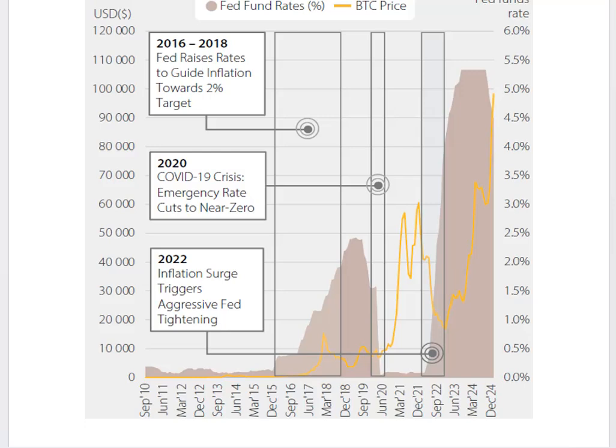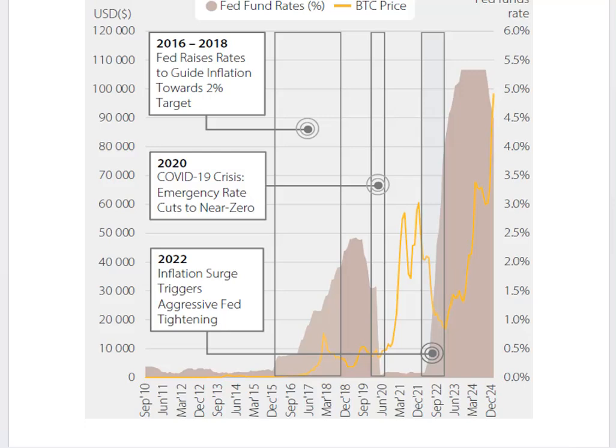In this figure, for example, Bitcoin's substantial rise during the pandemic aligned with the near-zero interest rate environment, as the Federal Reserve's expansionary policies injected liquidity into financial markets, fueling demand for assets like Bitcoin.